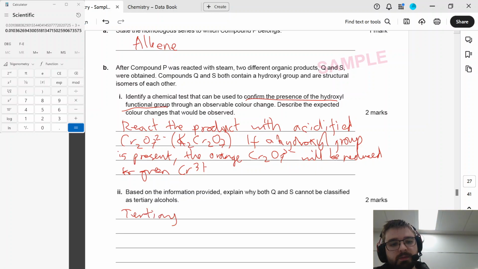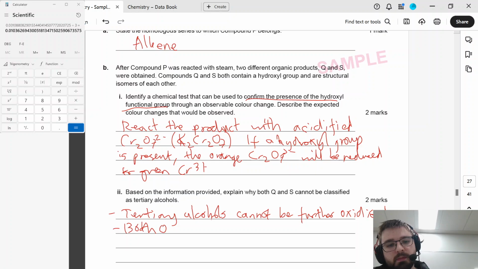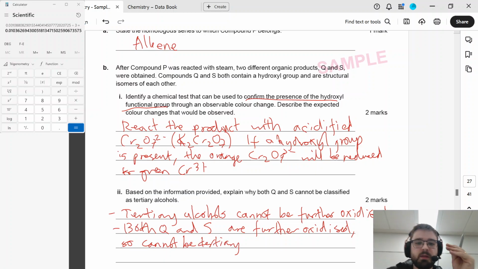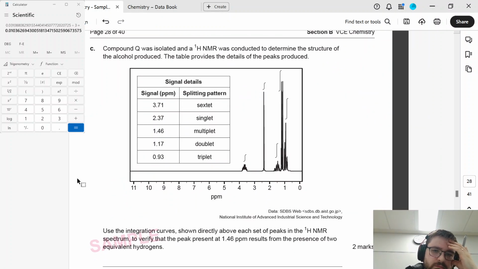Tertiary alcohols cannot be oxidized, and both Q and S are further oxidized, so it cannot be tertiary. I don't know why that's 2 marks. That's what I'd be thinking.